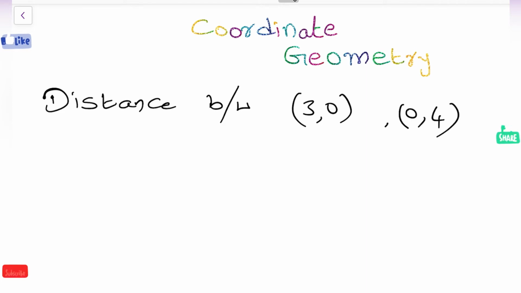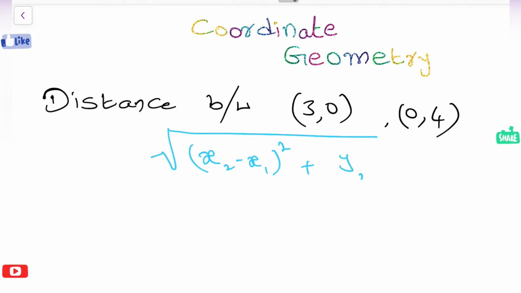We know the formula of distance under root x2 minus x1 whole square plus y2 minus y1 whole square. So in the given question, this is x1 y1 and this is x2 y2.